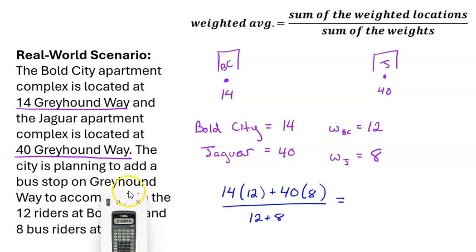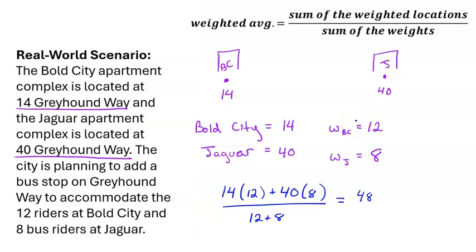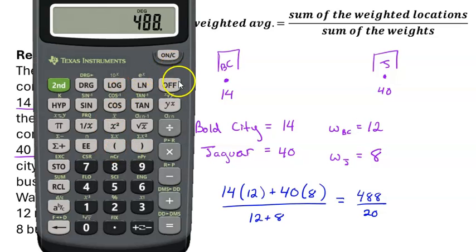Let's get this into my calculator. We're going to clear it out. 14 times 12 plus 40 times 8 equals 488. And then we're dividing by 20 on the bottom. So divided by 20 equals 24.4.